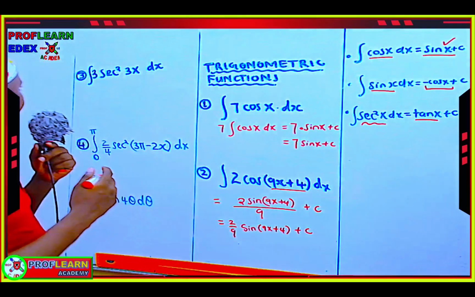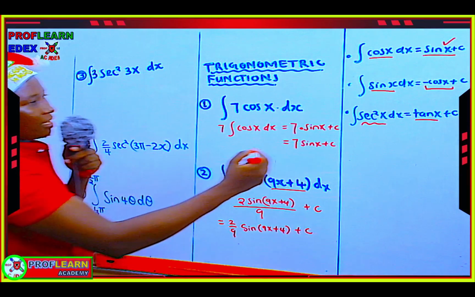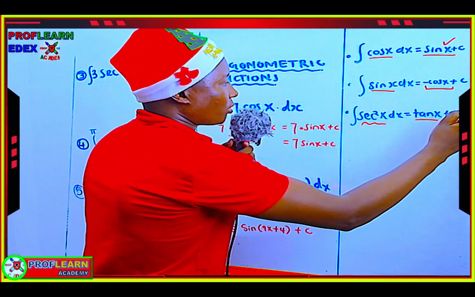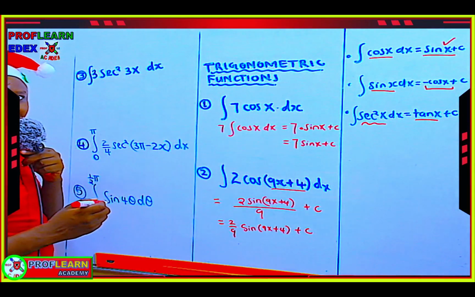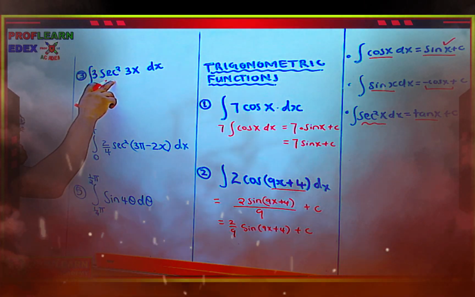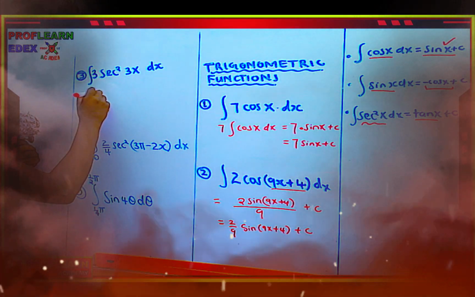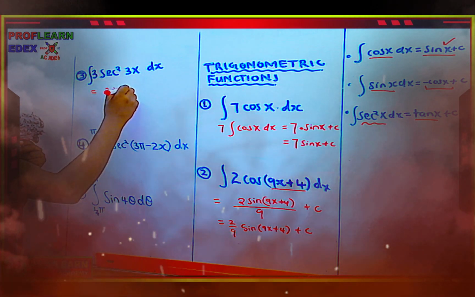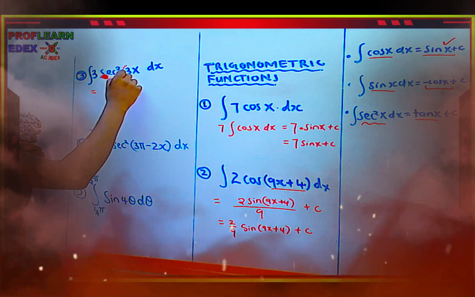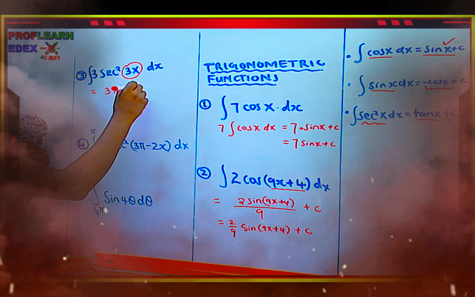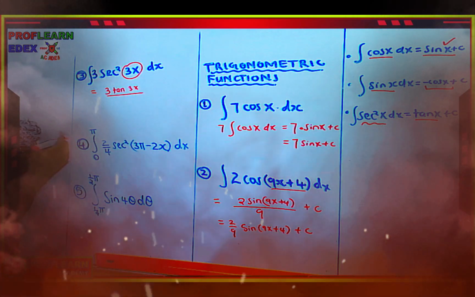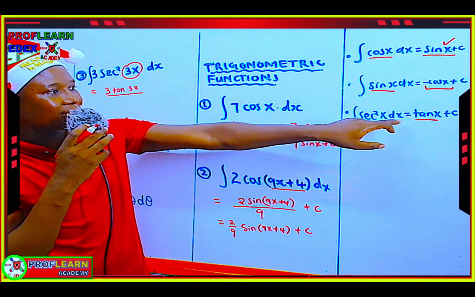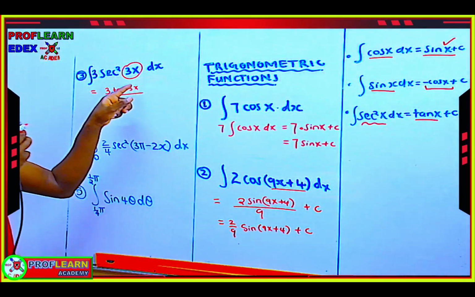I believe you're understanding exactly what we did. But if you are integrating sec squared x, you're going to get tan x. So integrating this, we're going to get 3 tan x, but our x is 3x. Then we're going to divide, because this was not just x, we were having 3x.